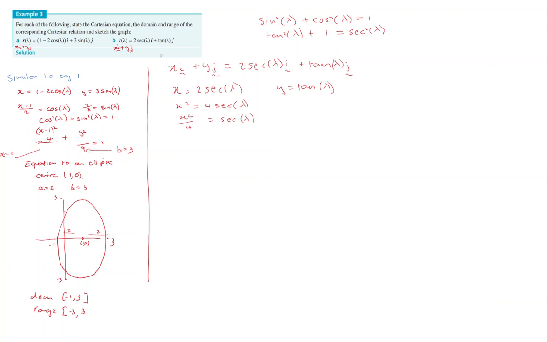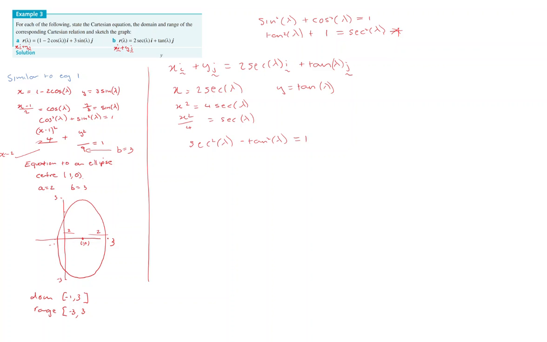Now, go back to your trig identity, a little star there. If we keep the 1 on this side and move the tan squared across, we will have sec squared lambda minus tan squared lambda equals 1.